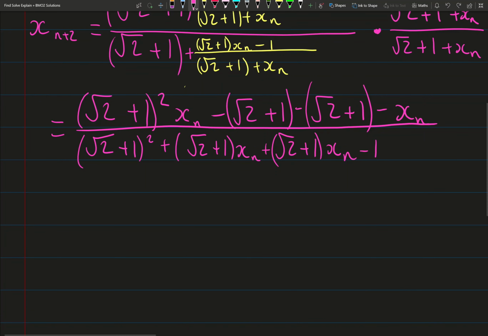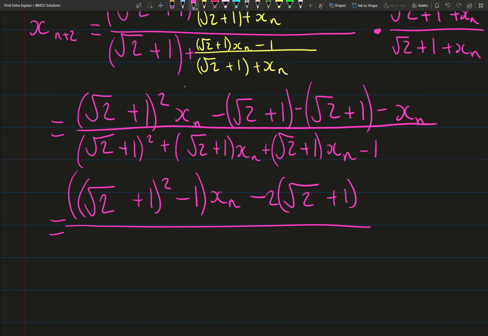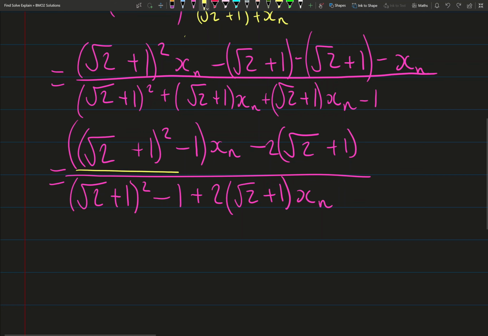So that gives us, from this we can calculate this and this and this and this, and so that gives us.